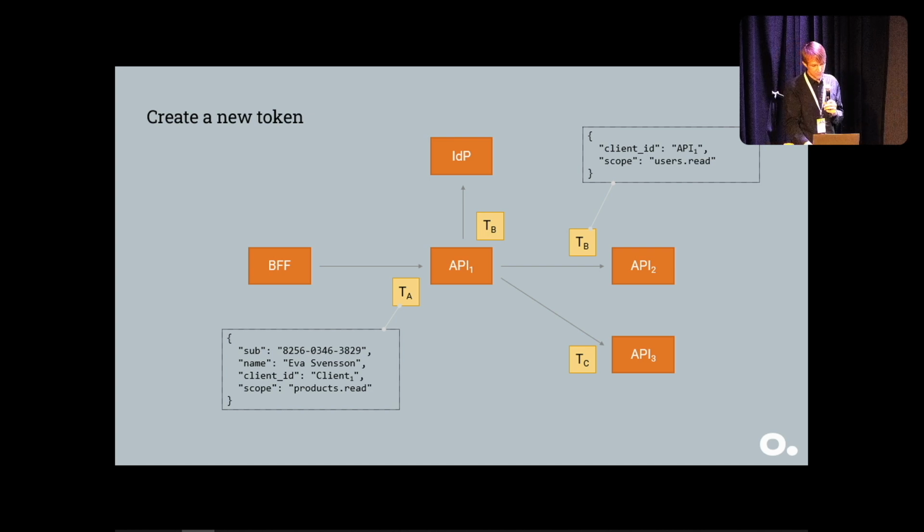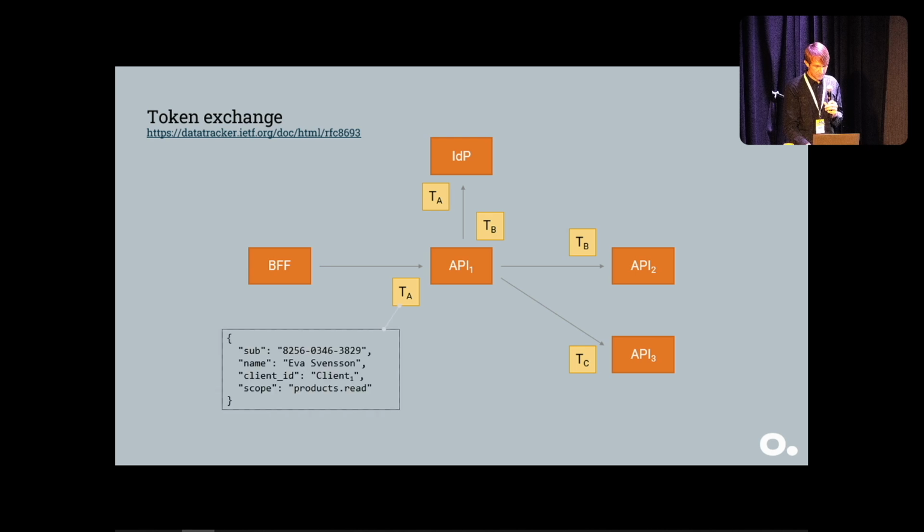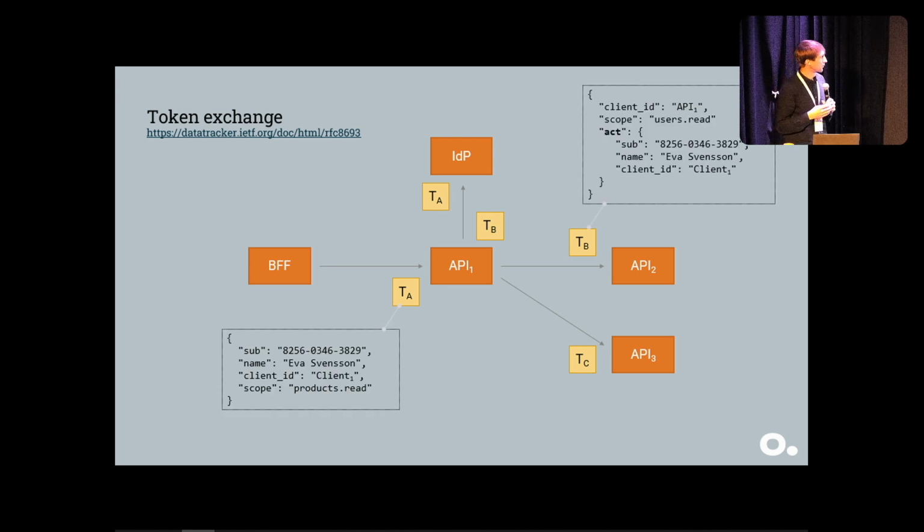So to handle both, we can use something called token exchange. That's also not supported by many token services, but there are definitely a lot of them that do that. Then we pass the original token when we exchange the token, and we will get this act claim in the token that provides us with this chain of traceability, so we can know how the request has traveled.